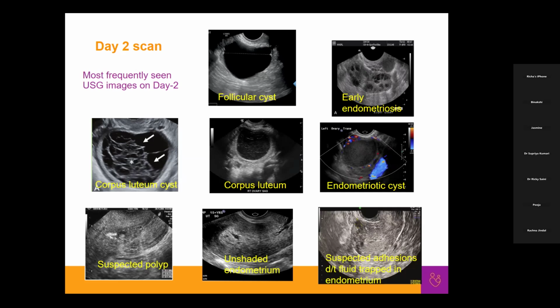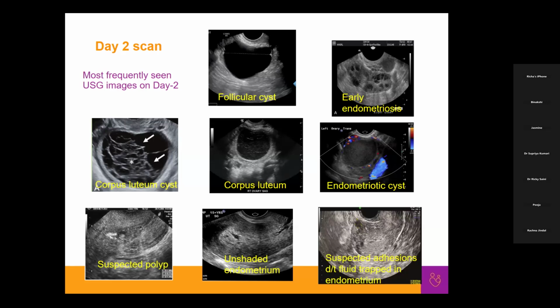And then about the unshed endometrium. Most of the time, unshed endometrium is associated with some functional kind of cyst. If it is not associated with any cyst, then we have to wait for 1 or 2 days. It will regress, it will shed by itself, then we can start stimulation. So if it is unshed endometrium, we should not be in a hurry to start stimulation. Routinely, we start stimulation from day 2 only.